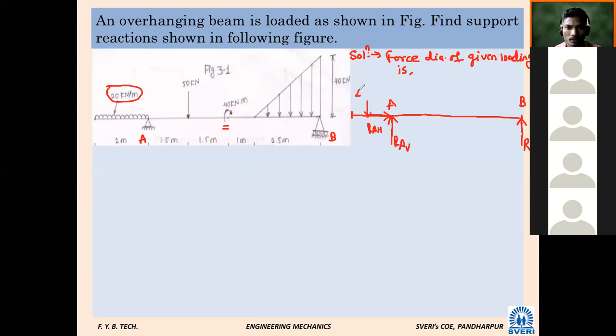So 40 kilonewton, and it will be at 1 meter here. Then the 50 kilonewton load, there should not be any confusion. Simply 1.5, and here that load will be 50 kilonewton, no confusion. It is as simple as a point load.